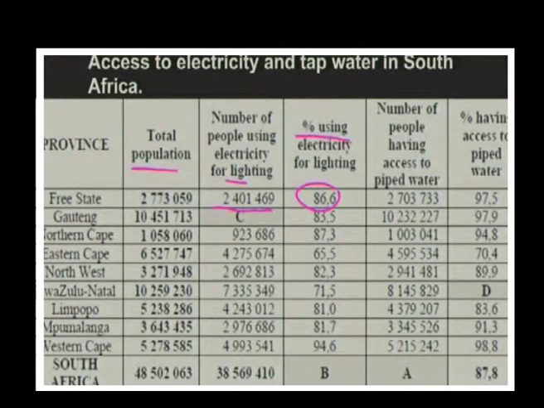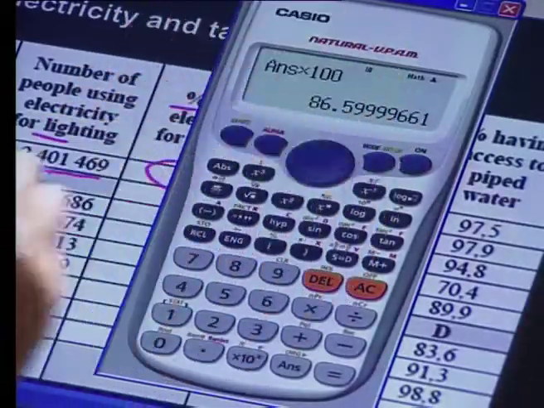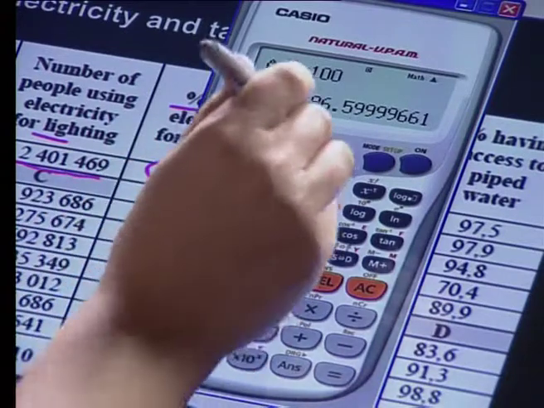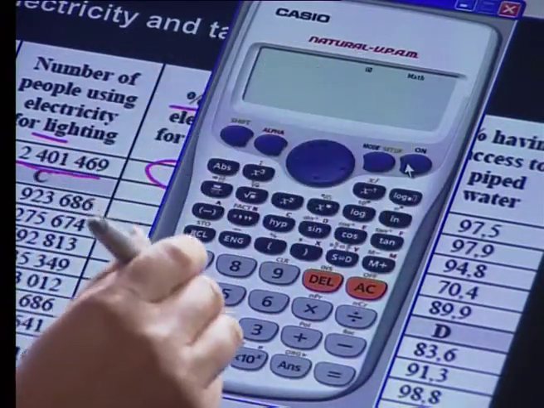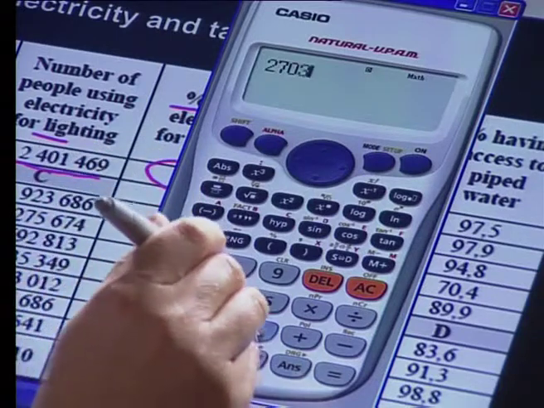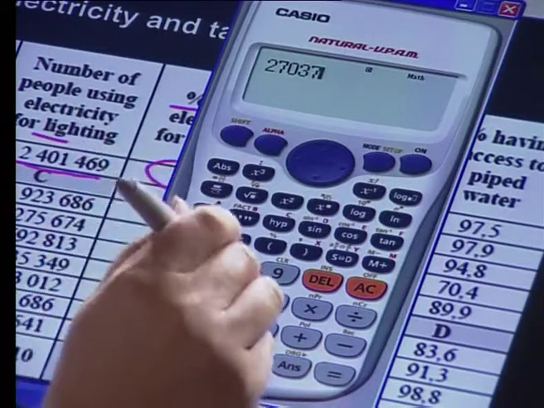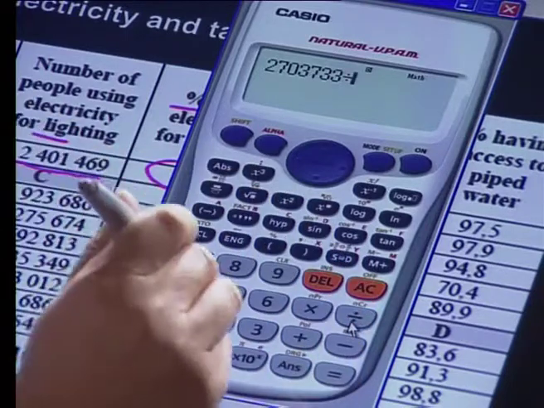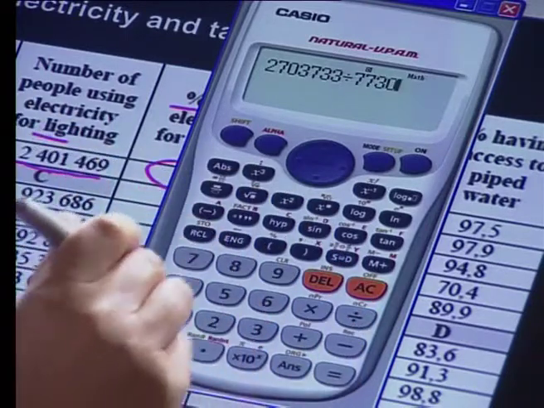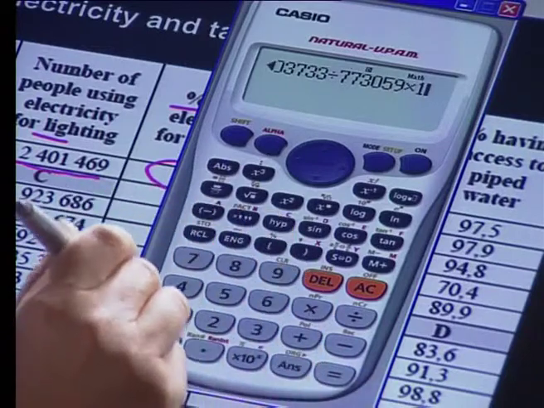Then we're looking at the number of people having access to piped water, and in this case it was 2,703,733. And again, there's a percentage, so my guess is that it's the same way, and I'm just going to double check it. So 2,703,733 divided by my total of 2,773,059, again times by 100.